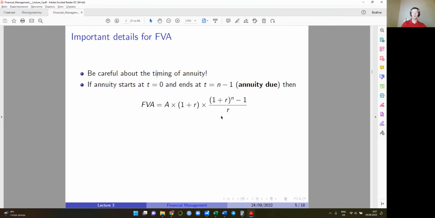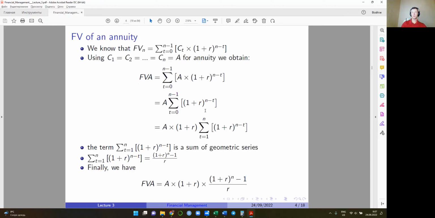But let's look back. This expression differs from this expression by a single thing. The limits of summation are from 1 to n. So we shifted all payments one period forward.